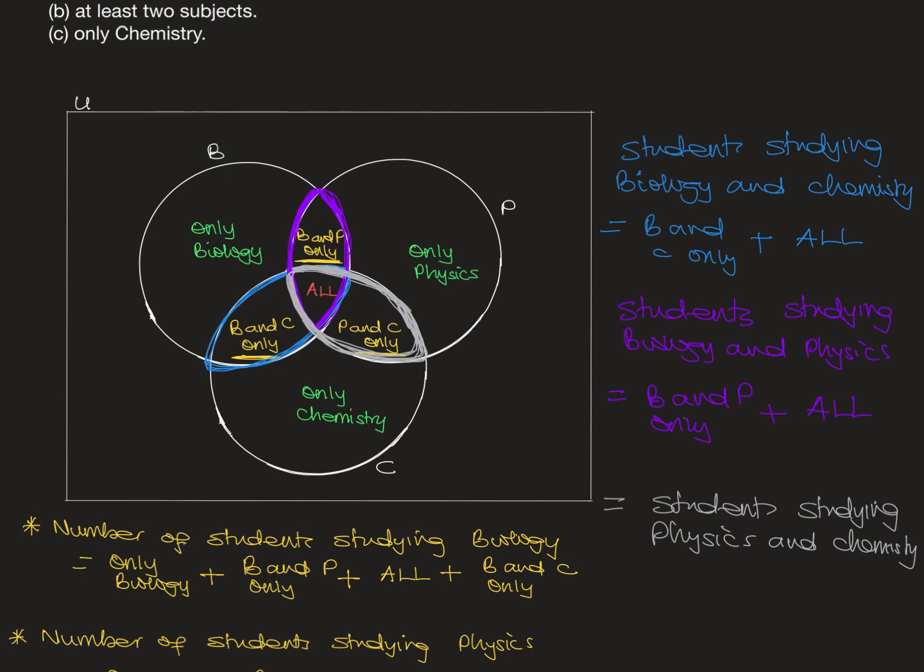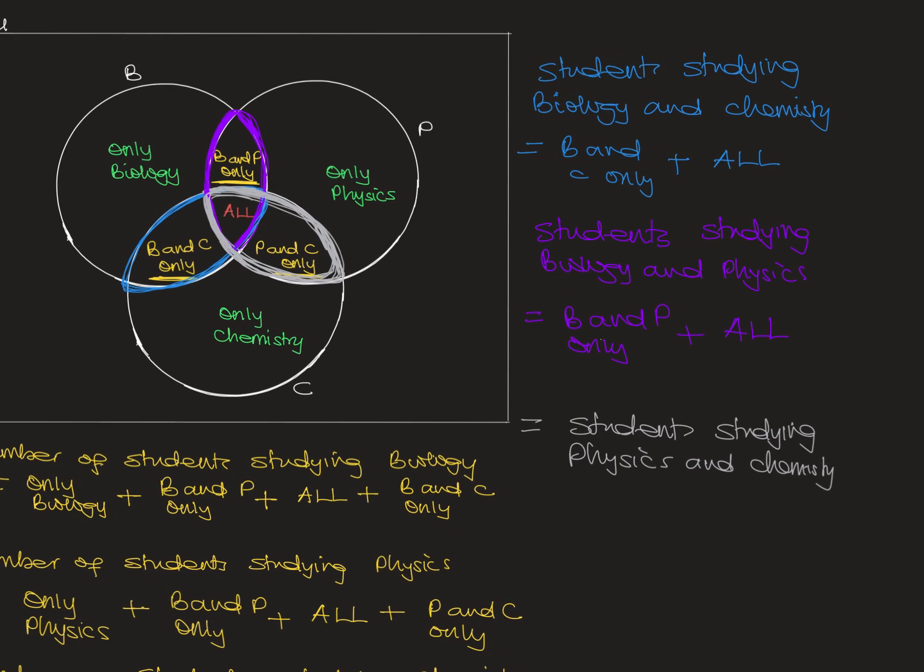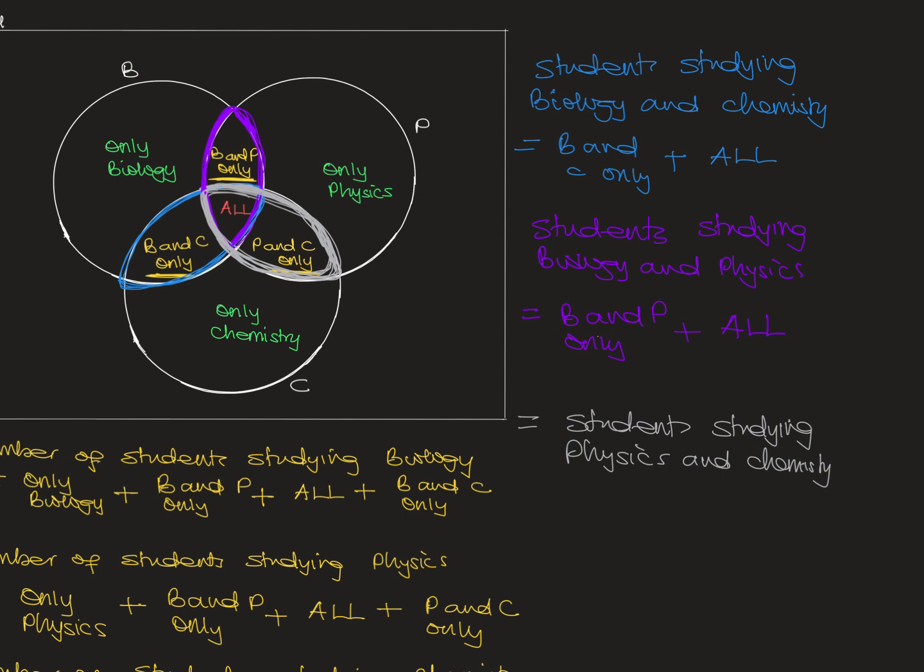They will comprise those studying physics and chemistry only and those studying all the three subjects, because those studying all the three subjects are also studying physics and chemistry. So it will be physics and chemistry only plus those studying all the three subjects.